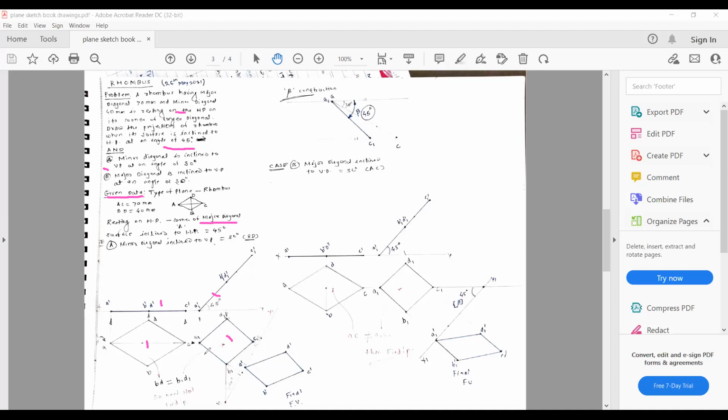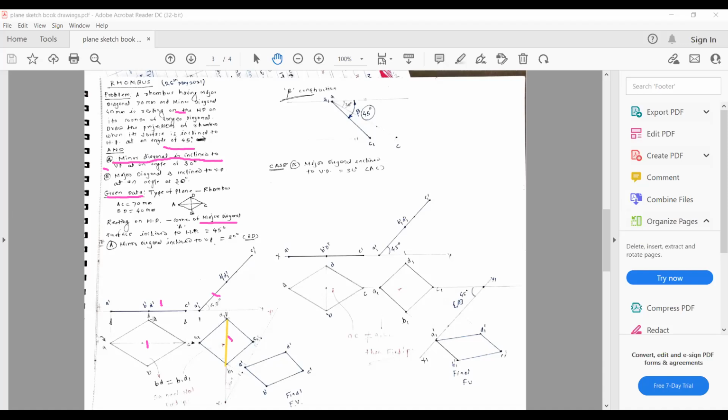Then what is given here, first we'll talk about the first case. If the minor diagonal is inclined to VP, okay, which one is the minor diagonal here? I will mark it with a line here. Okay, so this is the minor diagonal, right?